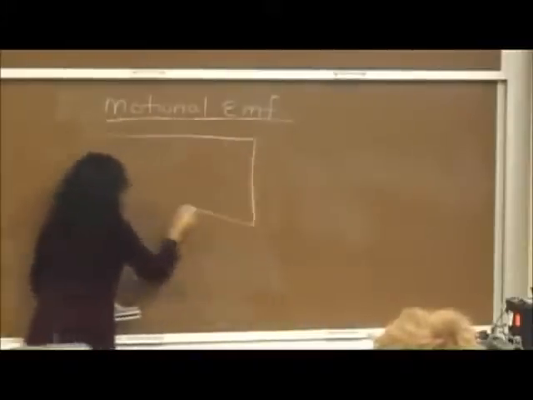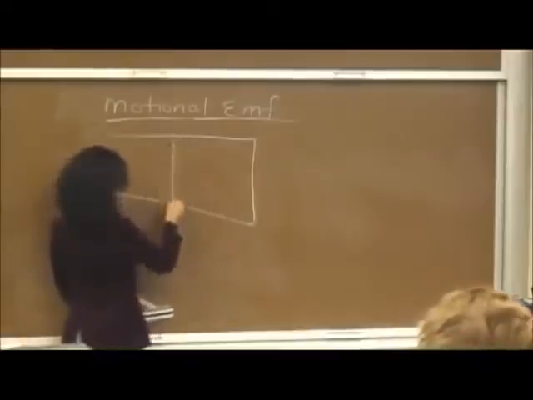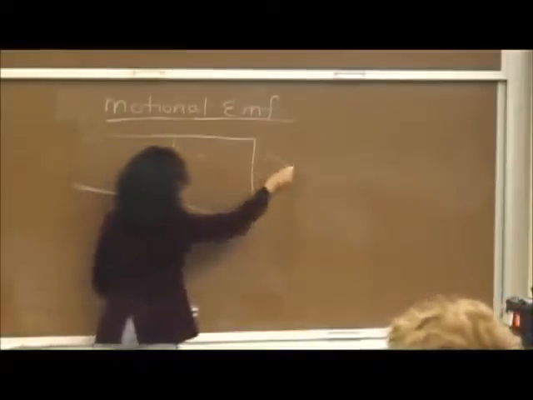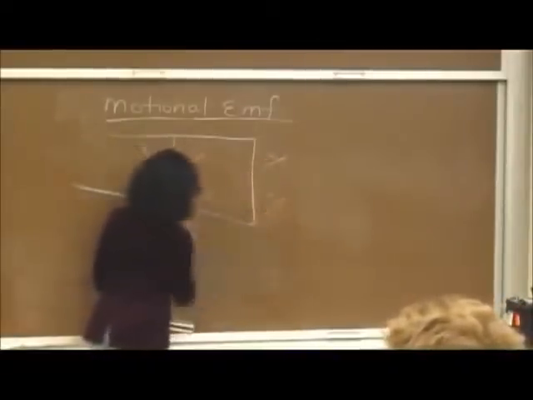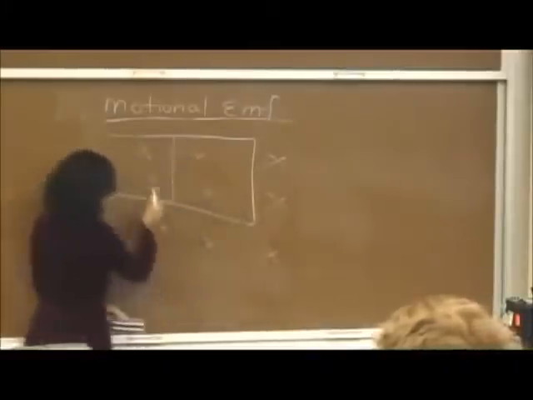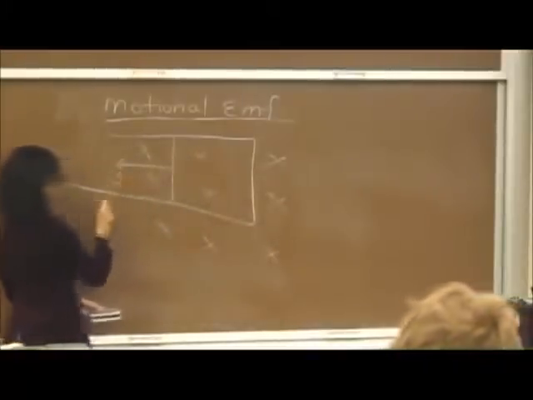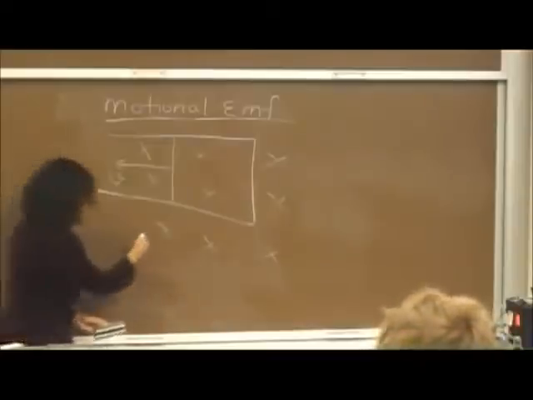We said, suppose you have a wire, and suppose there was some external magnetic field like this, right? And we said that suppose you are pulling this wire with some speed v, this is some v external, these crosses.